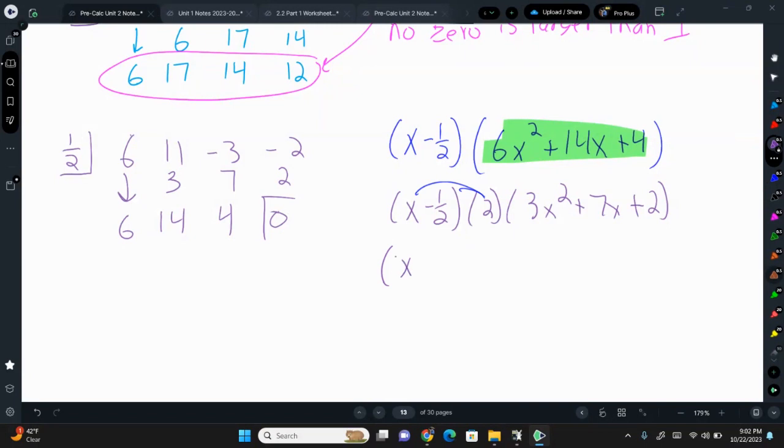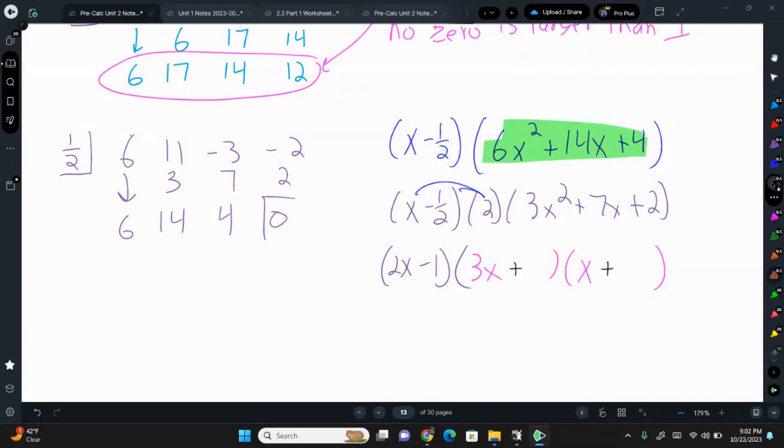So 2x minus 1. And then when I guess and check this, it's going to be 3x and x. And because they're both plus and plus, my two parentheses are plus and plus, and then my factors of 2 are just 1 and 2.